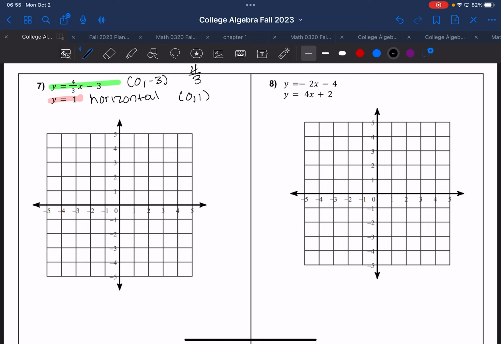So graphing my first one, I have 0, negative 3, and then my slope of up 4, right 3. And I know that my next point at 0, 1 is just going to be a horizontal line. So that shows me that I have one solution at what point? 3, 1.